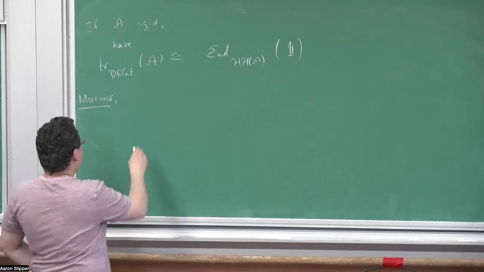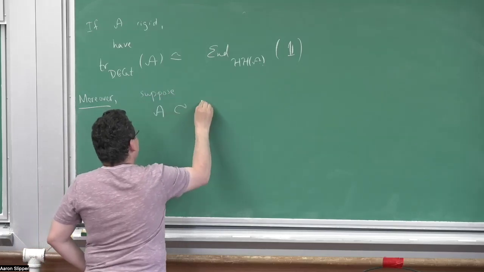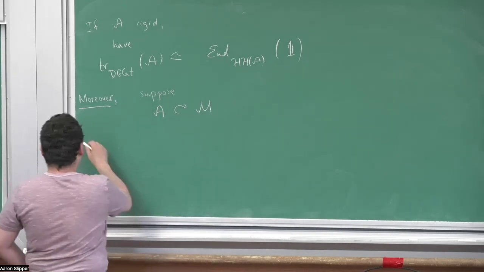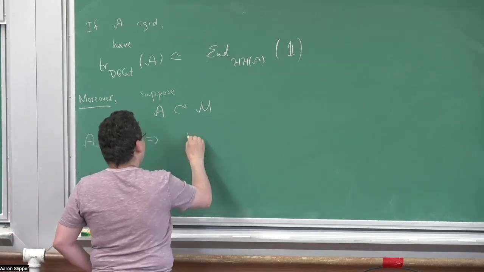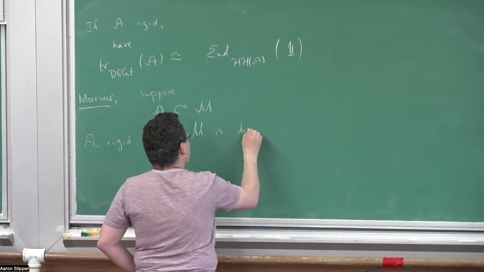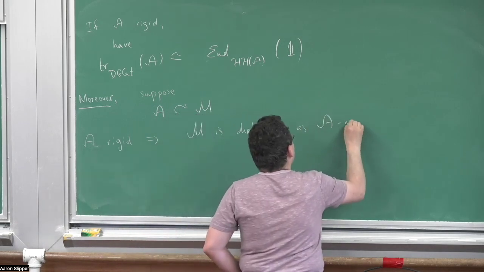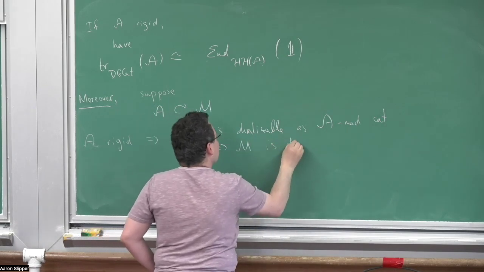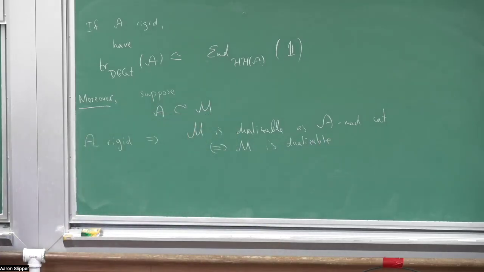Suppose A acts on some category M, and A is rigid. This implies that M is dualizable as an A module category if and only if M is dualizable just as a DG category, forgetting the action of A.